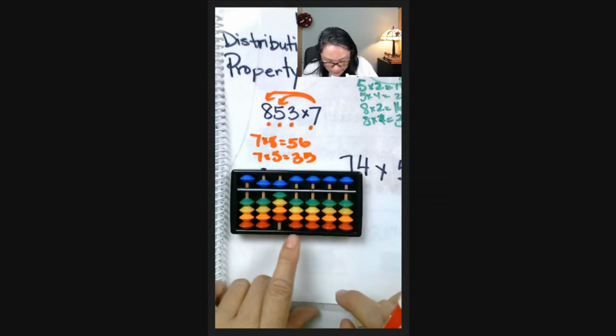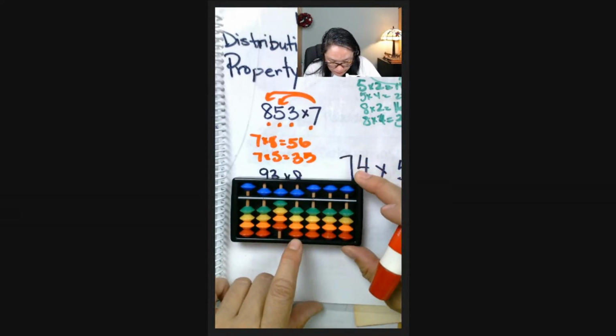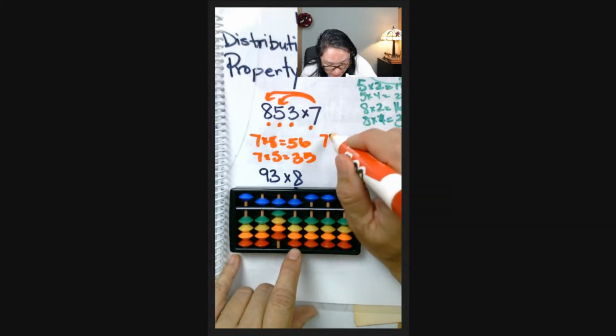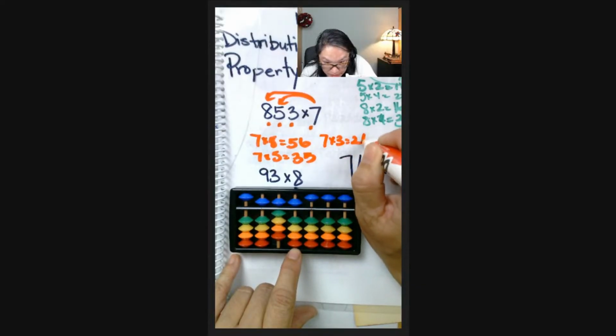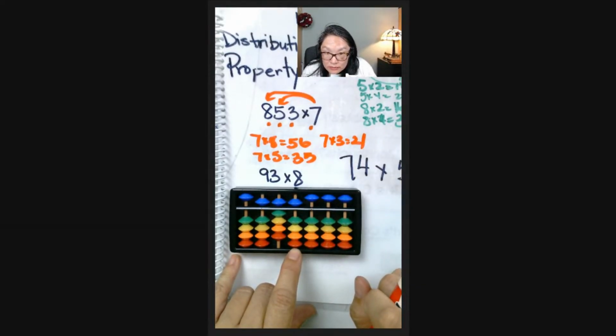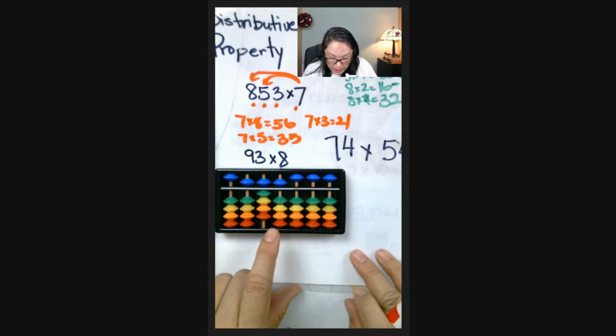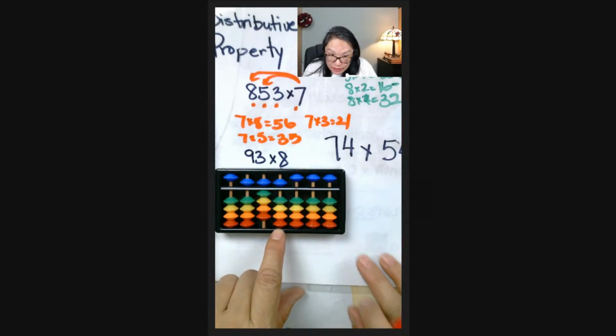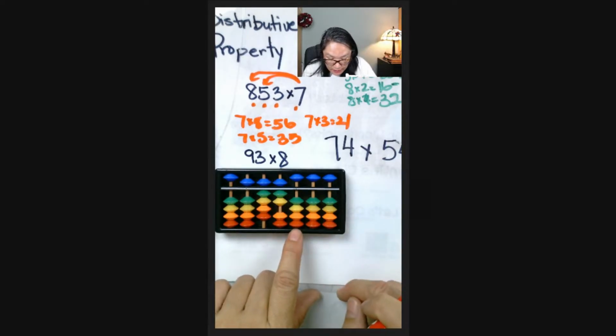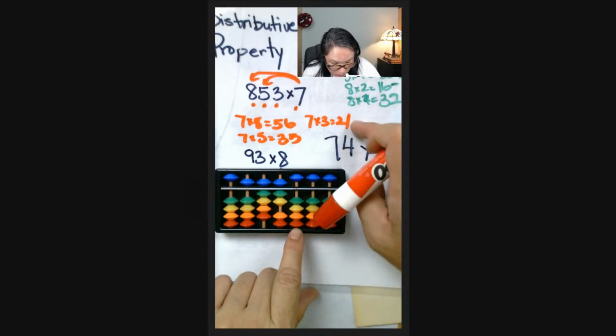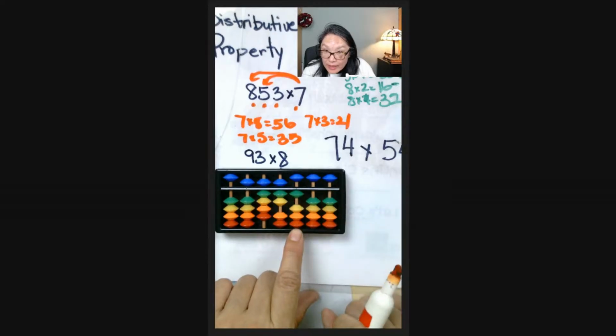I add the 3. I add the 5. And then what? 7 times 3 is 21. Add my 2. Can I add my 2? Yes, I can add my 2. And then I'm going to add 1. Can I add 1? Yep, add my 1.